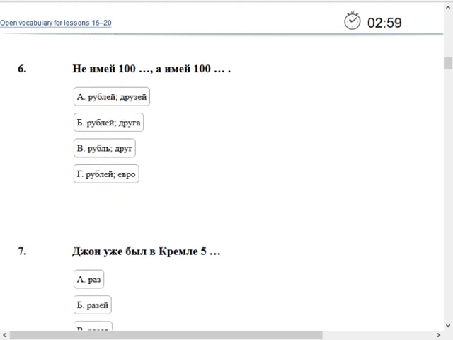And 100, I think we covered all the forms of ruble in the lesson where we first were introduced to these kinds of numbers. This is once again genitive plural. Genitive plural of ruble is rublier, and then same for friends. For friends, it's druzier. So it's rublier and druzier.